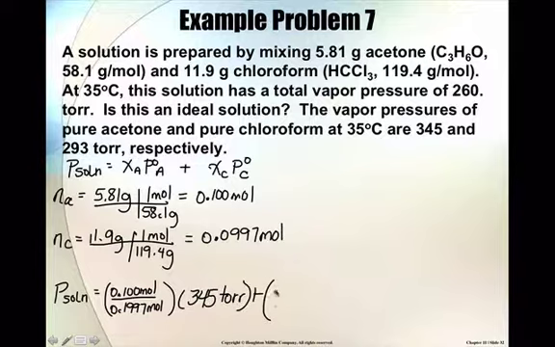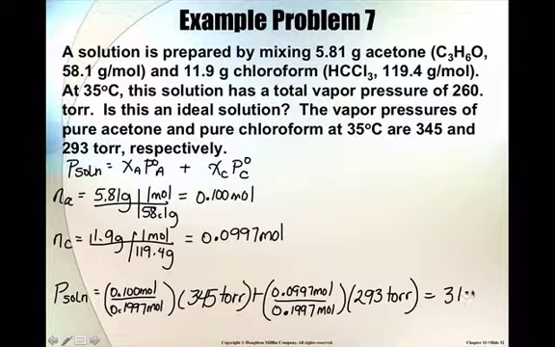Plus, now I do chloroform, 0.0997 moles, still the same total number of moles, but this time my vapor pressure is 293 torr. If I plug all that in, I end up with 319 torr. What they told me is that this solution has a total vapor pressure of 260.